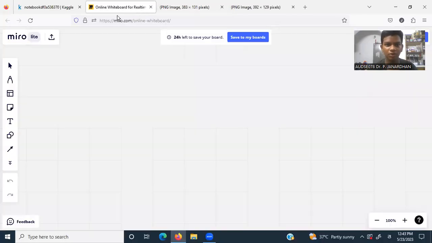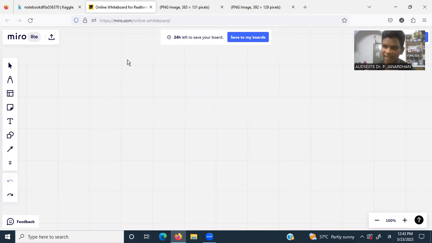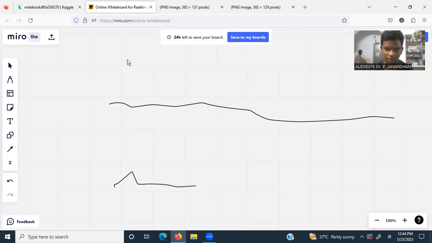Okay, so let's start. First, I'll tell you what the vanishing gradient problem is. Let's say there is a sequence of values, or let's say we have a graph that goes something like this.